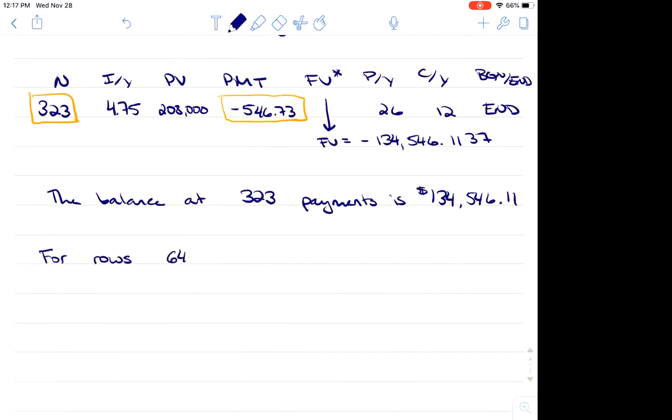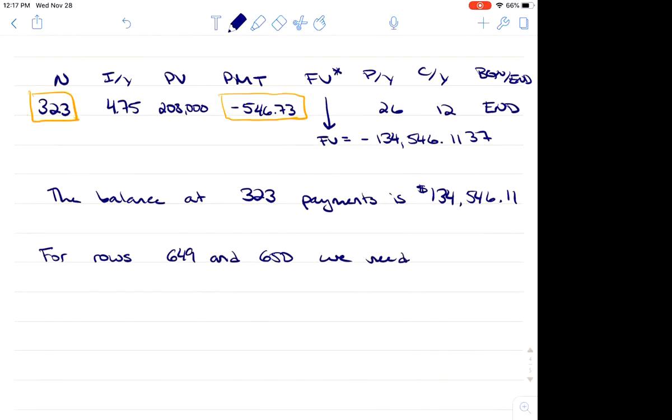For rows 649 and 650, we need the balance from row 648.